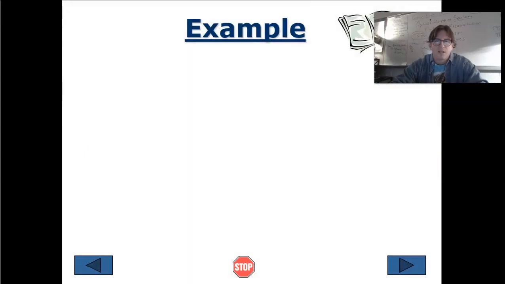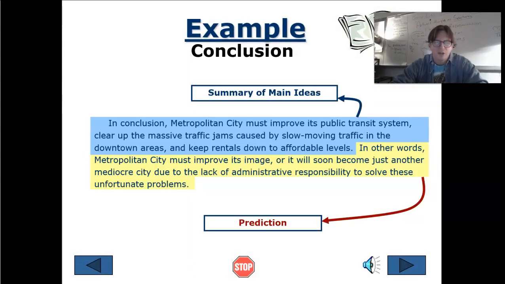So here's a conclusion, though your conclusion should be about the same length as your introduction. We shouldn't have shorter ones. In conclusion, metropolitan city must improve its public transit system, clear up the massive traffic jams caused by slow-moving traffic in the downtown areas, and keep rentals down to affordable levels. Your conclusion should begin restating your thesis.